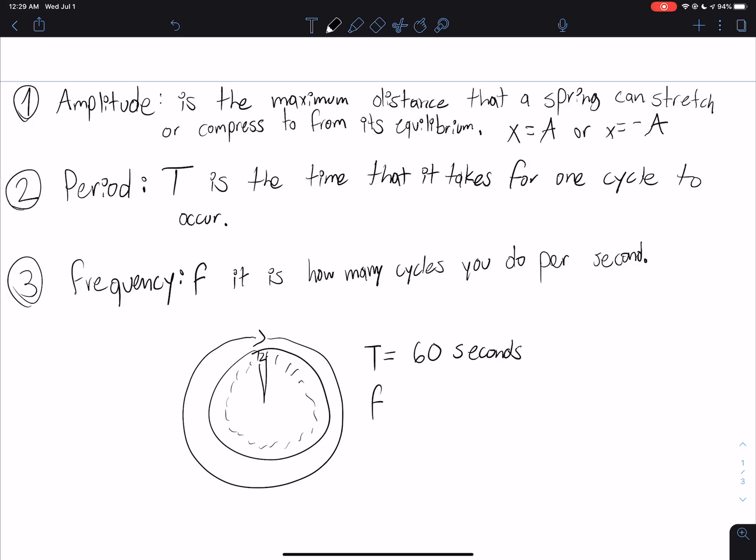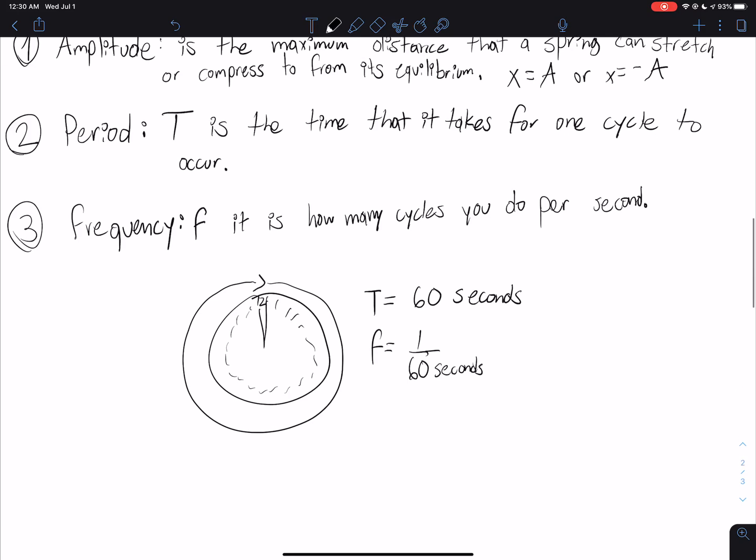So the frequency is 1 out of 60 seconds. Does that make sense? Because in 1 second, it can only go 1 second at a time, and if it wants to complete the whole cycle, it has to do that 60 times.